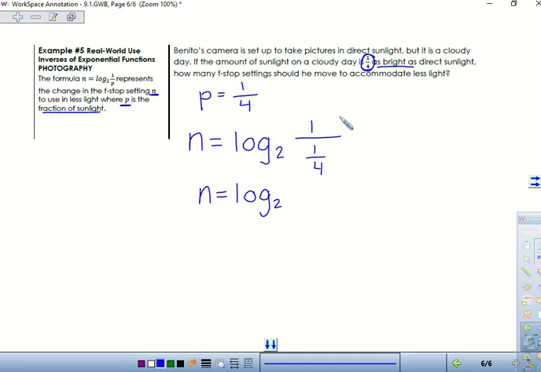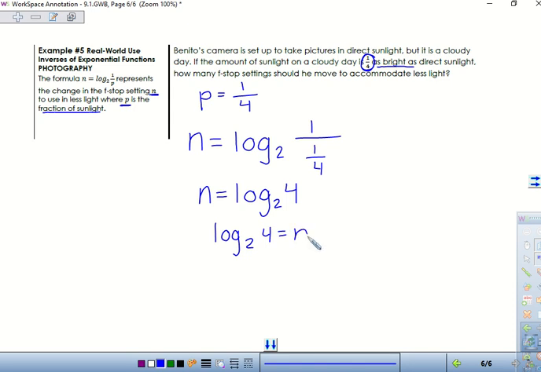Keep, change, flip, it's going to be 1 divided by 0.25. It's 4. If you do 1 over 1 times 4 over 1, keep, change, flip. So if your setup ever looks like this, you can just flip it around.